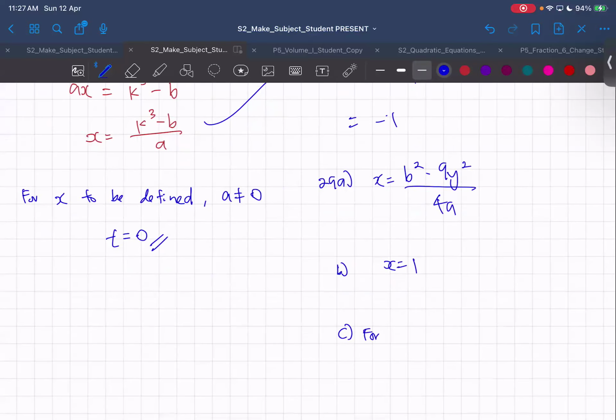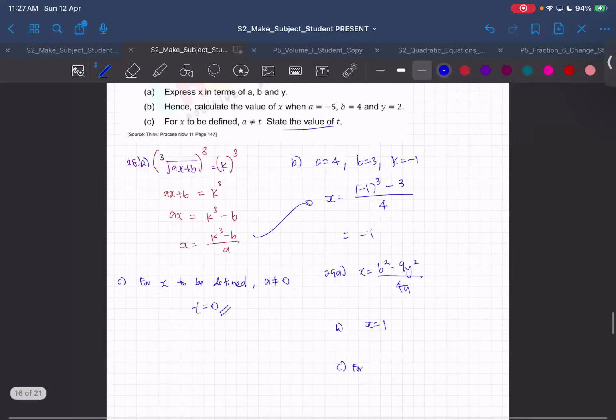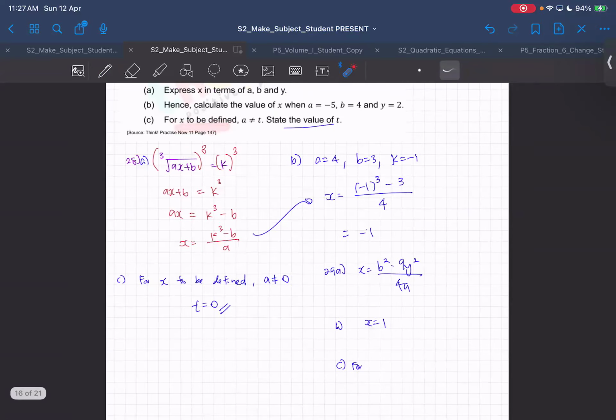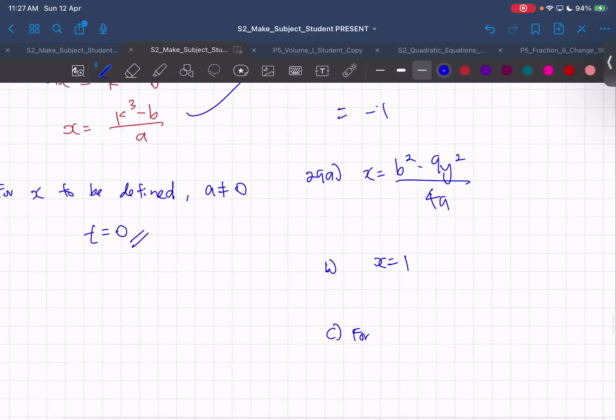Okay, so for x, same question. They say that for x to be defined, A cannot be equal to T. So it's exactly the same as just now. For x to be defined, what is the condition? My denominator cannot be 0, right? So what is my denominator here?